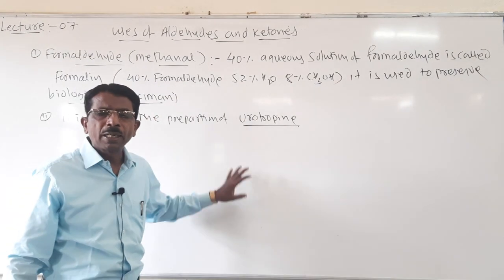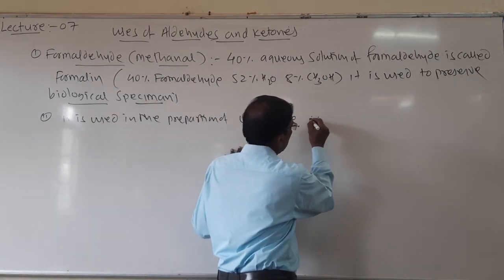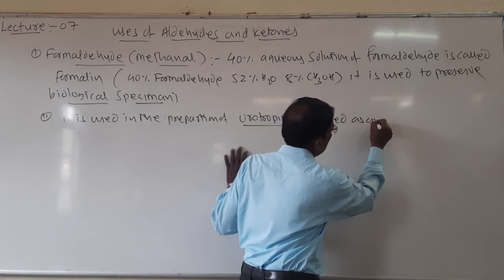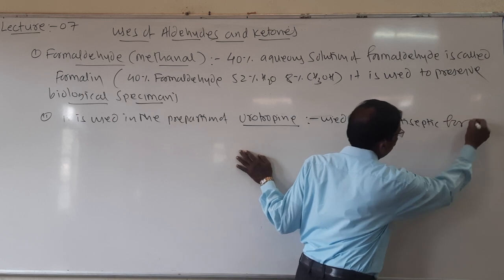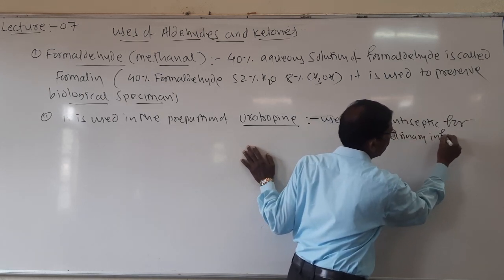Look here students, urotropin is used as an antiseptic for urinary infection.